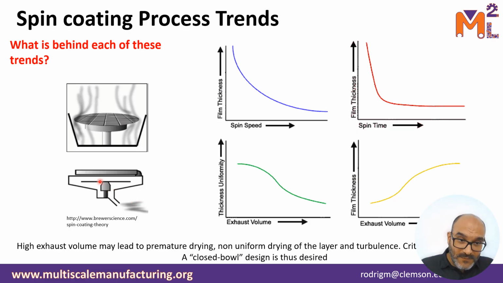Now you can have another design of spin coater called closed bowl, where you have your spin chuck, you have your wafer, you put your photoresist, then you close the lid and start spin coating. In some models, you can actually control the exhaust volume. But you can imagine that in the closed bowl design, you have a much smaller gradient in the concentration of the solvent from the photoresist to the atmosphere.